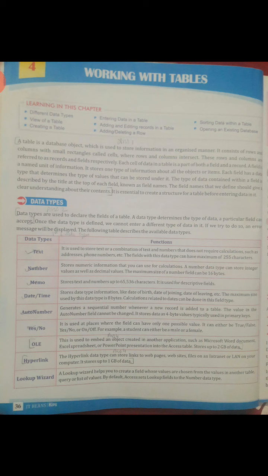Next is number. The number data type is used when you have to insert numbers, and of course if you have further calculations with it, you will use the number data type.